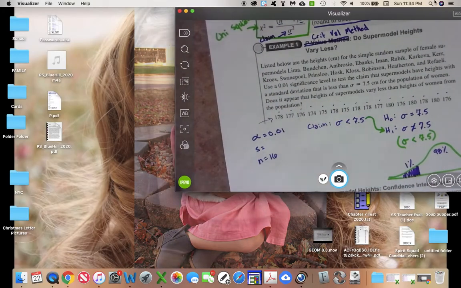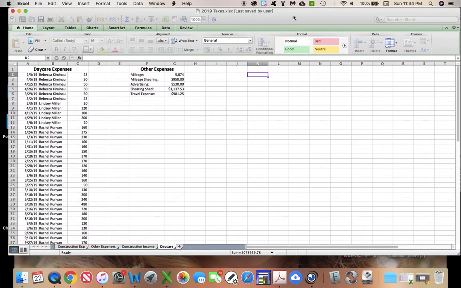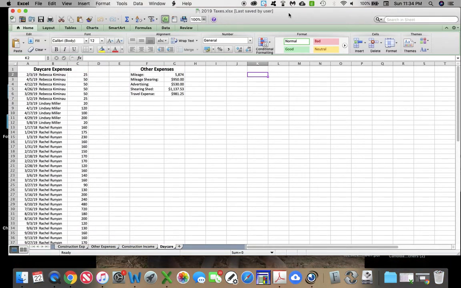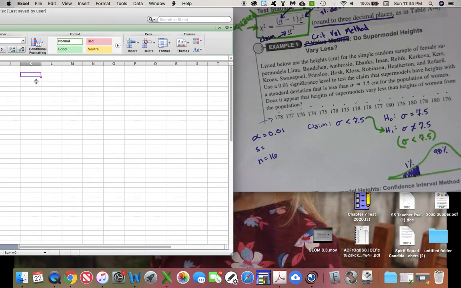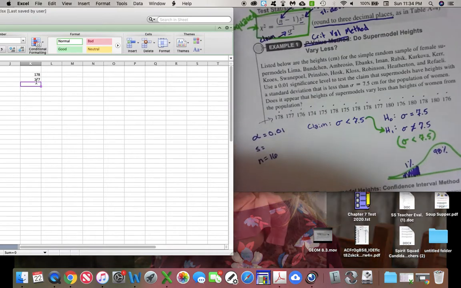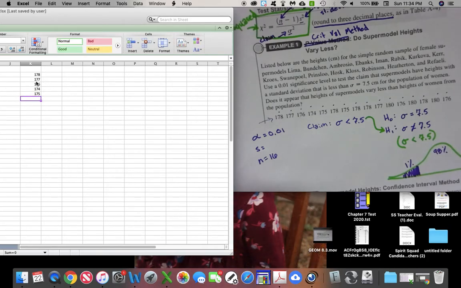So let me go to my spreadsheet here. Here's my taxes. This is not a Google Sheet, but this is my husband's taxes for the year. We'll just do it on here. 178. 177. This is an Excel spreadsheet, by the way, but they work just the same as Google Sheets. 175, 178, 175.